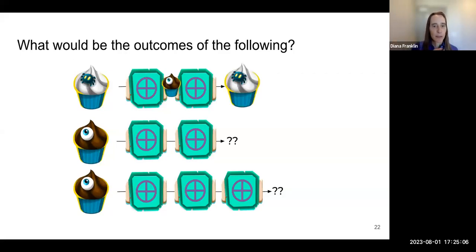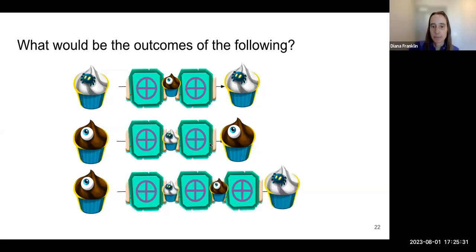In the first case, the NOT goes to chocolate and then it goes back to vanilla. So it turns out that 2 NOT gates in a row are the same as doing nothing. They are opposites and they just reverse each other. And so if I do it 3 times, then 2 of them counteract each other, and it's like I only did 1. So that's from chocolate to vanilla.